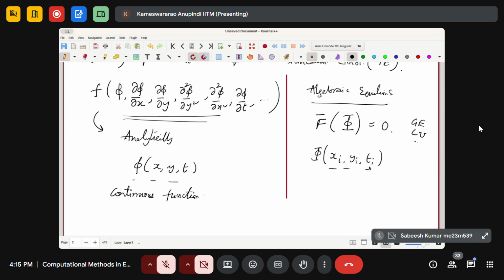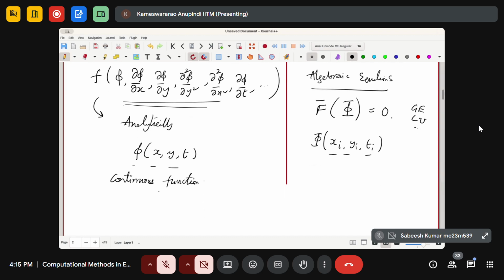Now, if I substitute this phi into this equation, the analytical solution, that is phi, satisfies the governing partial differential equation exactly. Right, it satisfies exactly, because that is how we have solved.